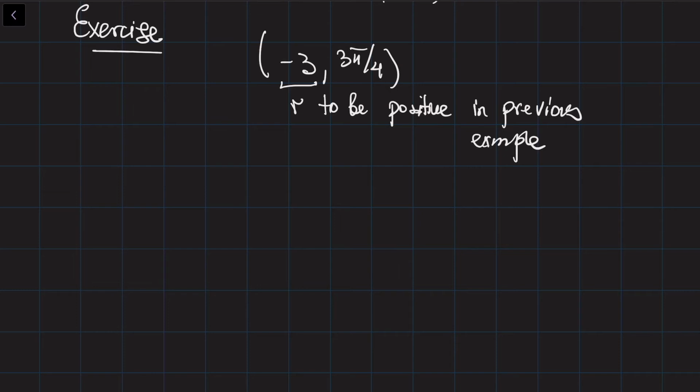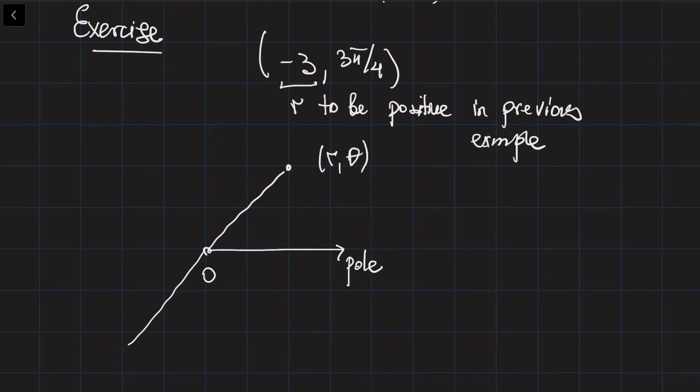I'm just going to draw the pole again. And if you remember, if you've got some point here with the coordinates r and theta, the point with the negative r is going to be in the opposite side to the origin. So it is going to be alongside the same line, but it is going to be an opposite quarter.